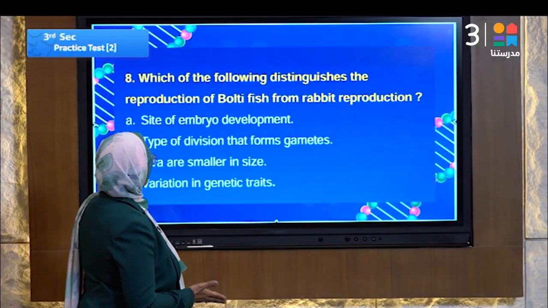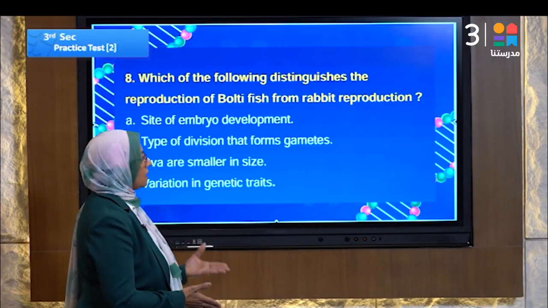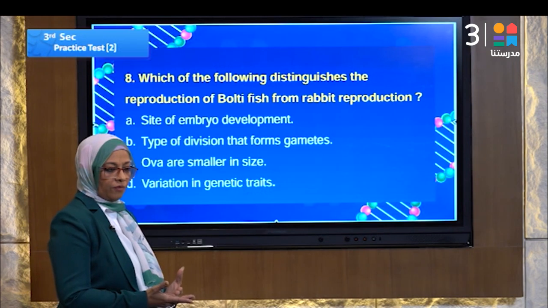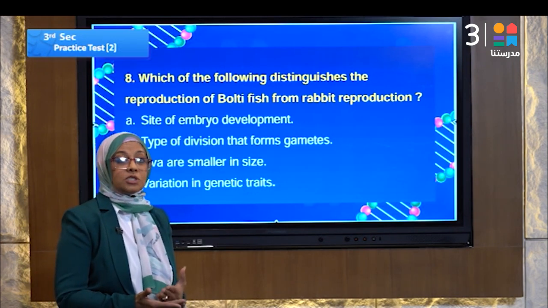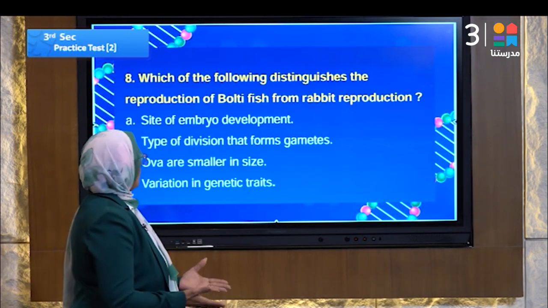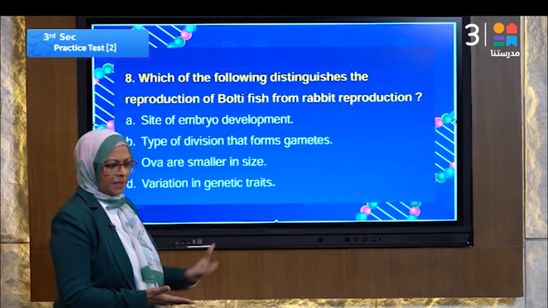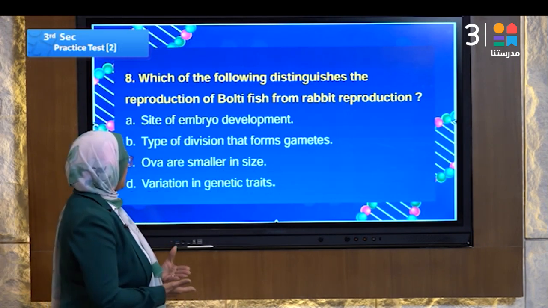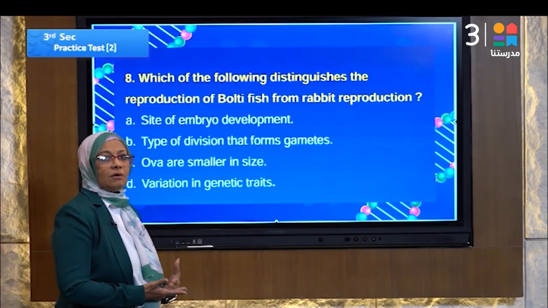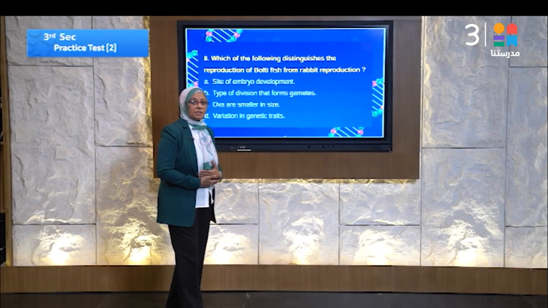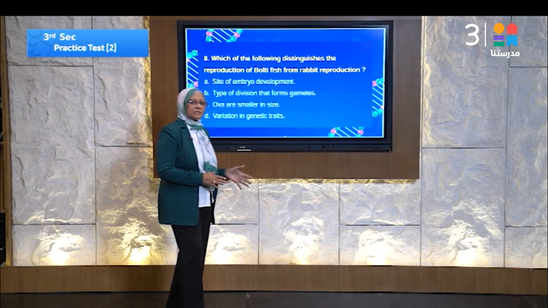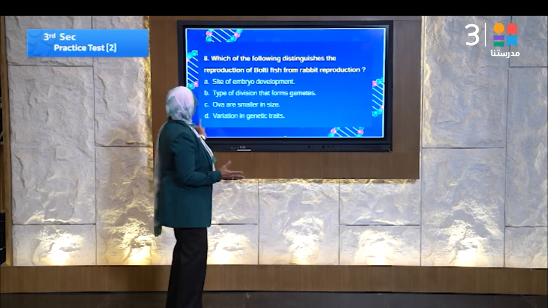Fish are a group of living organisms which live in water. And the other, rabbit. A rabbit is a mammal which can incubate the baby for a long time inside its body, maybe 3 months, I don't know, maybe less than 3 months.